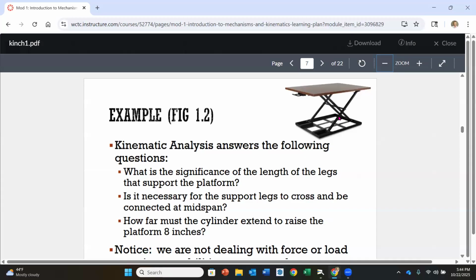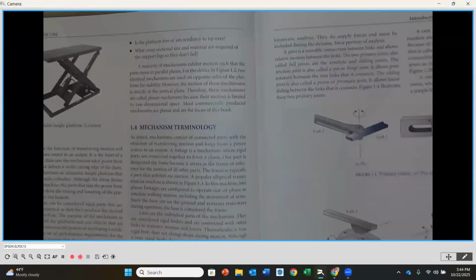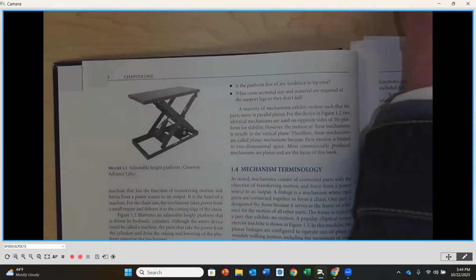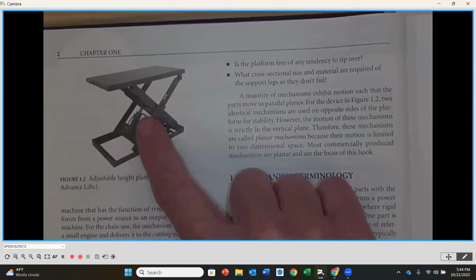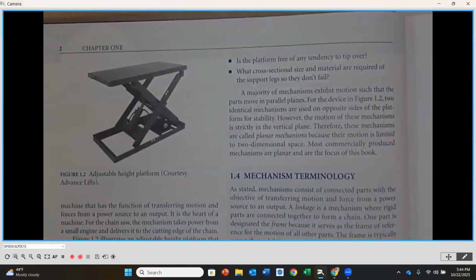Another question might be, how far must the cylinder extend to raise the platform? Now, on this one, we don't see the cylinder in here, but if we go underneath the camera, the platform that I have here, I don't know why they're different. I got the illustration out of the book. There is a cylinder right here, okay? And that cylinder is what's going to actuate the platform.